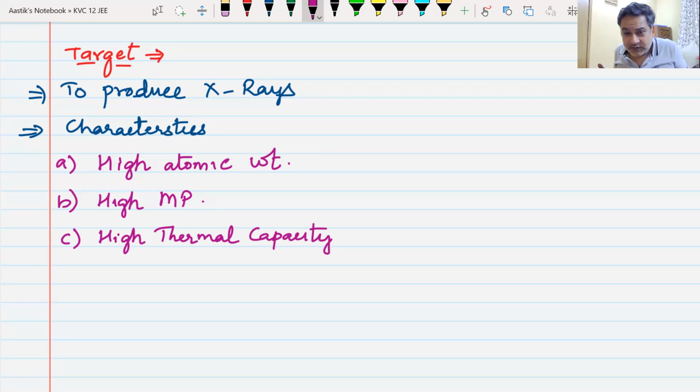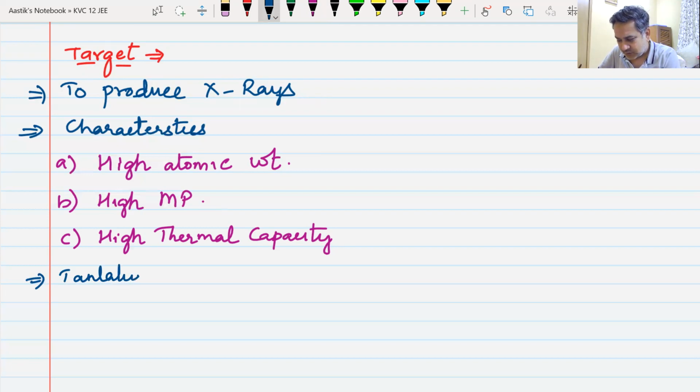If it has low specific heat, it will take more time to take heat out of it. It should have high specific heat so that it can give heat out quickly. Do we understand this? Yes, sir.